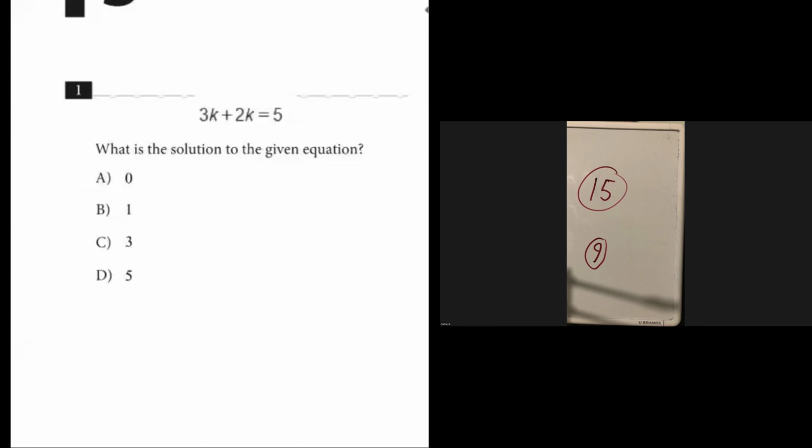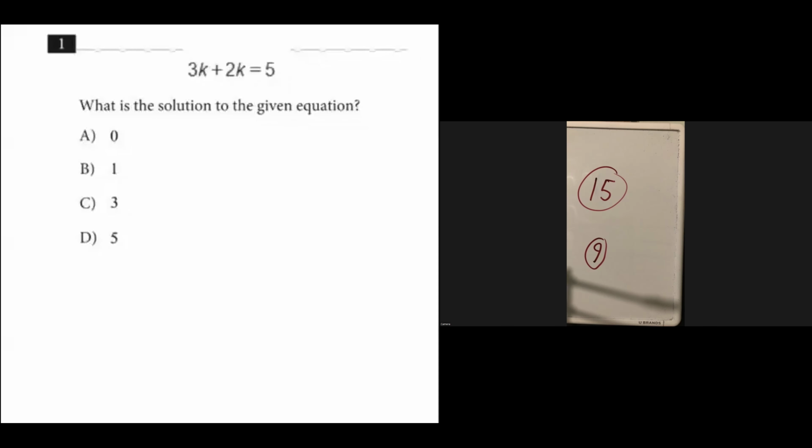Okay, we're now on to the no calculator section. Question 1.